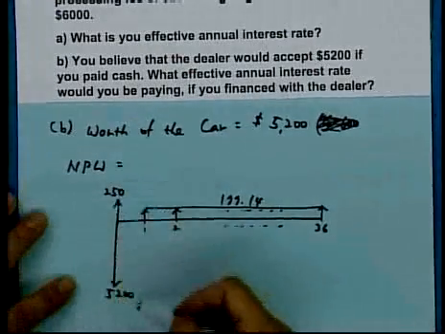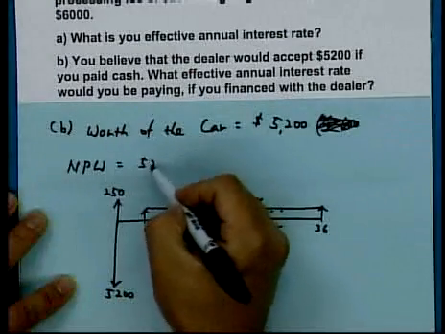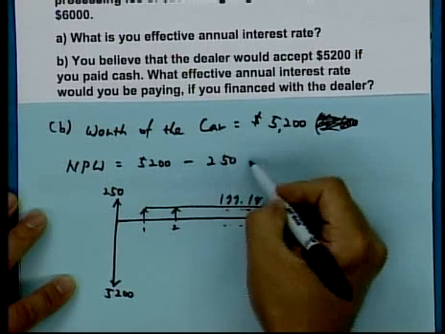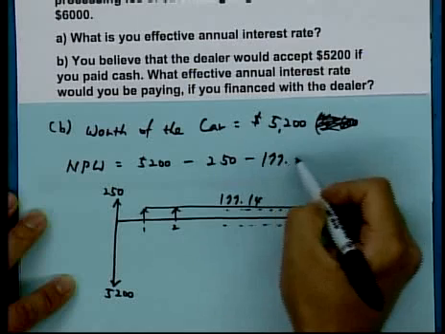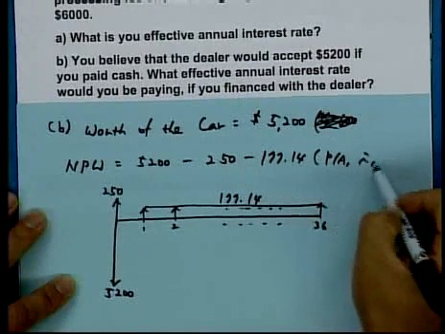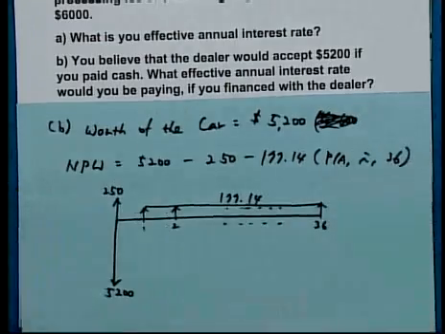So the net present worth is 5,200 minus 250 minus 177.14, P given A, i over 36.